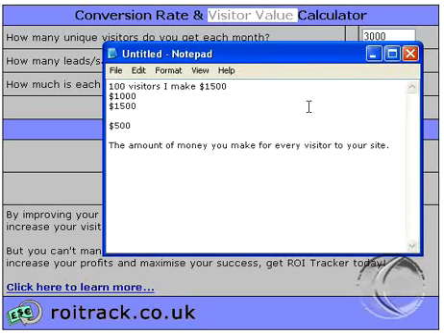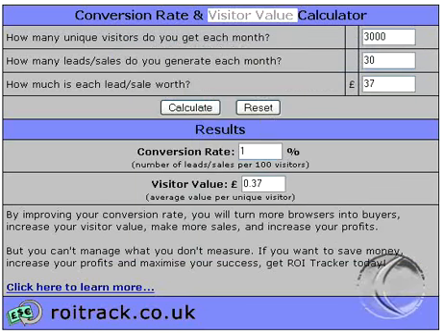Let me just do a live example for you here. Let's say that you get 3,000 visitors to your site each month. Let's say that you generate 30 sales out of those 3,000 visitors. This is actually an example from a product that I sell in a niche market. And each sale is $37.